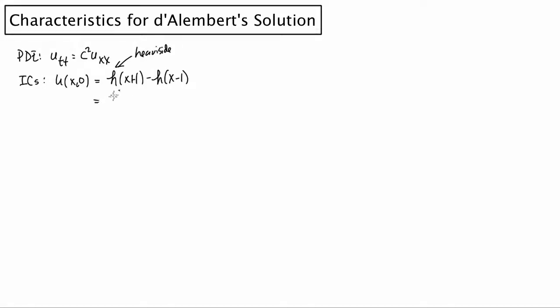So this box function is defined as, in this case, 1 for values of x between -1 and 1, and it's 0 elsewhere. So that's the box function. And then the other part of this is I want my initial velocity to be 0. I don't want to have to mess with the initial velocities. It just complicates the intuition that we're trying to develop at this point. So that's the problem that I want to solve.